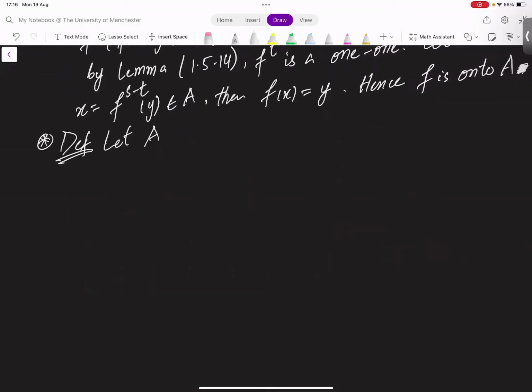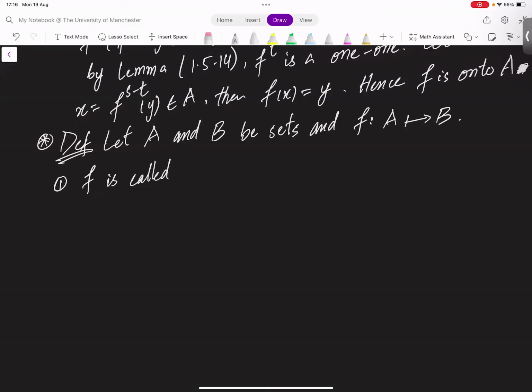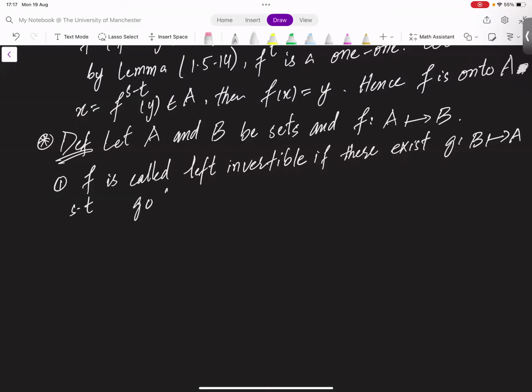Let A and B be sets, and f is a function from A into B. Number one, f is called left invertible if there exists g from B into A such that g of f is the identity function of A.